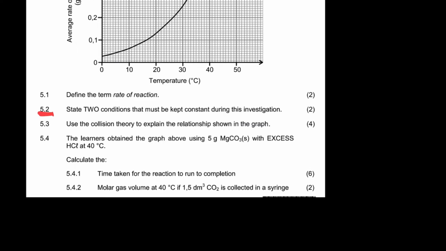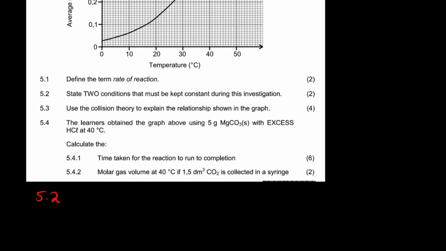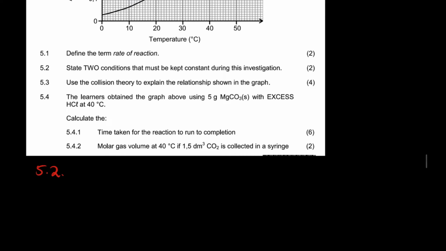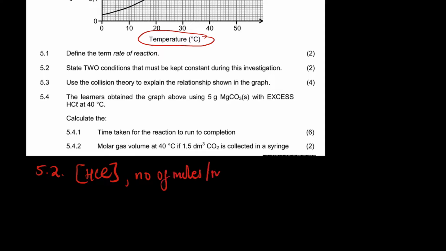Now it says here 5.2: state two conditions that must be kept constant during the investigation. In this investigation, guys, what should be kept constant? It should be the factors that are not changed. The only factor investigated here is temperature. So the other ones are the concentration of HCl, and the number of moles or mass of magnesium carbonate.